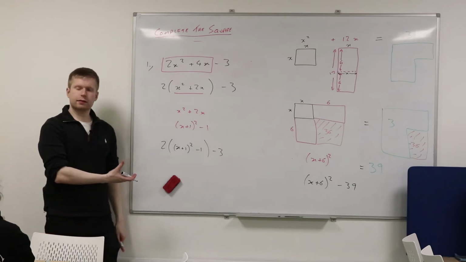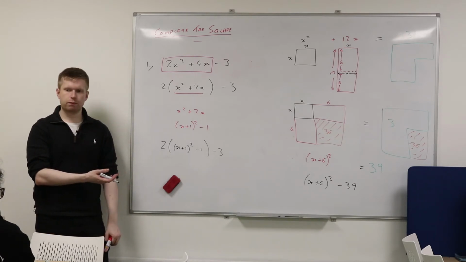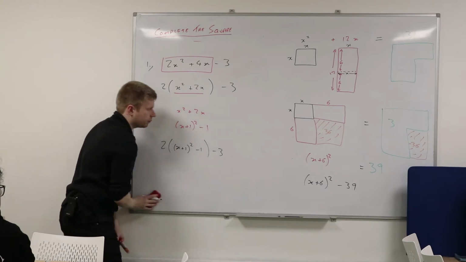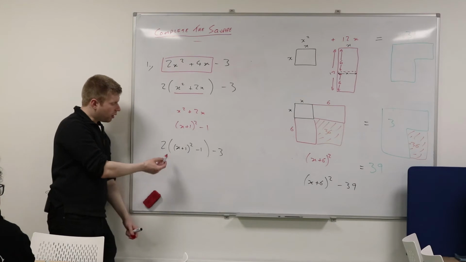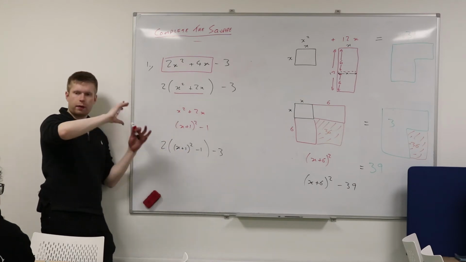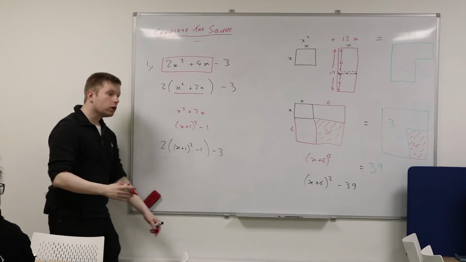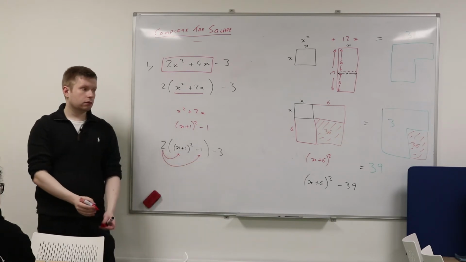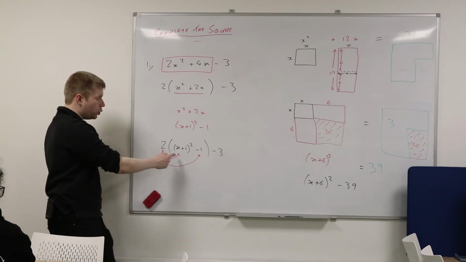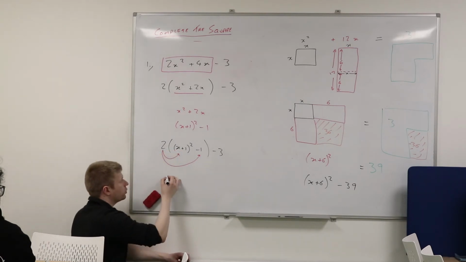But we're better than this. How could you tidy this up? I don't really like the fact that I've got 2 being multiplied by a set of brackets and a number. So all I'm going to do is multiply this 2 through everything inside the brackets. Okay? So I'm going to say it's 2 times this thing, the (x + 1) all squared.